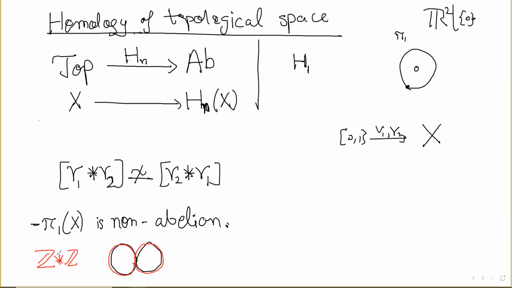And the fundamental group of this is the free product. We had discussed this, I think. This is not the free group on two letters, but the free product of two groups. So it is like a free group, but somewhat different.